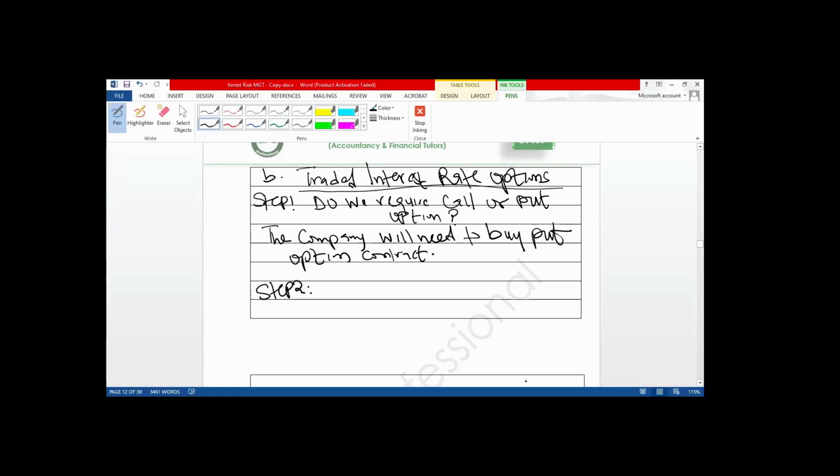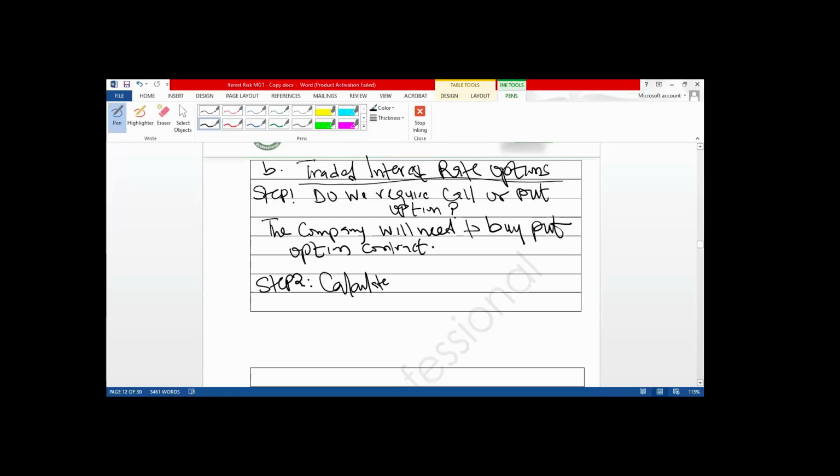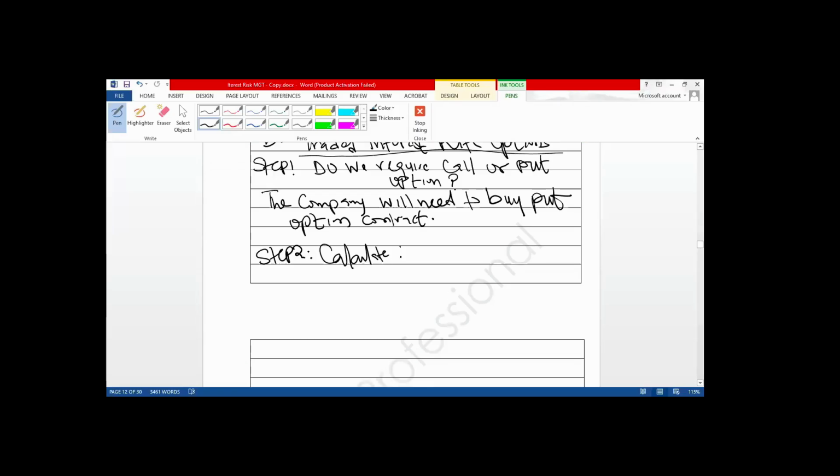Step 2. Calculate number of contracts needed. The same thing we did. Amount of the loan, 4 million. Contract size, 500,000. Length of borrow is 9 months.